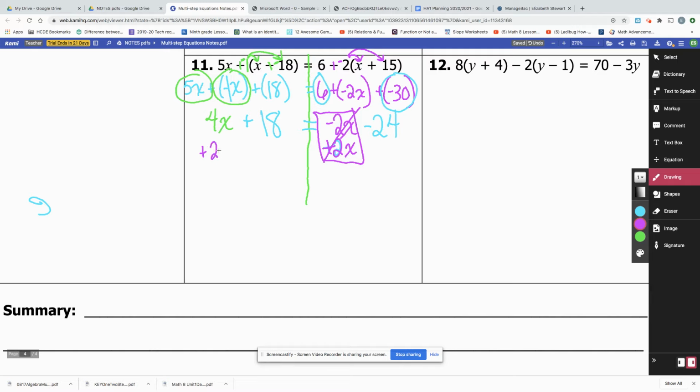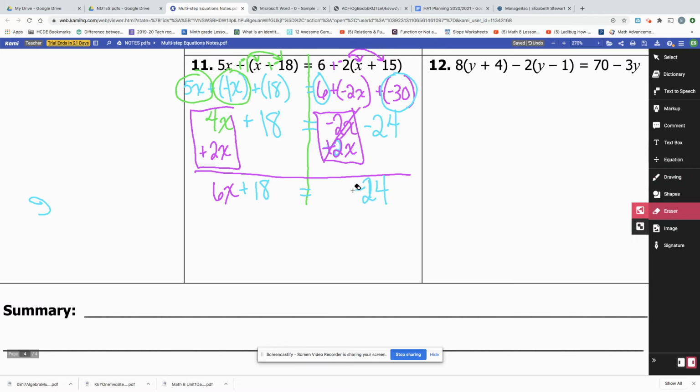What I do to one side, I do to the other. So 4x plus 2x become 6x plus 18 equals, this is 0, I can write 0 or I can leave it out, plus negative 24.